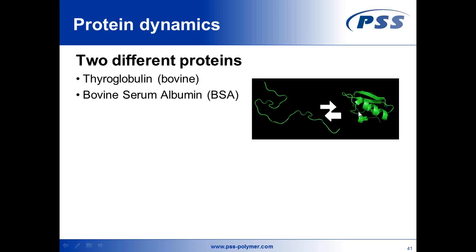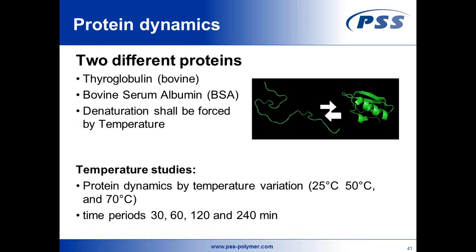And as indicated by this picture, when this takes place, a protein increases its size. If a protein increases its size in the denatured state, this should easily be detectable by SEC because we separate according to size. So we put our proteins under stress, and we wanted to measure the denaturation of the protein. And we did this by a varying temperature program for the two proteins.